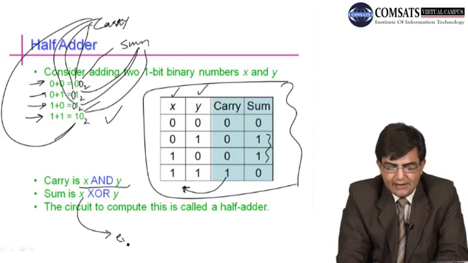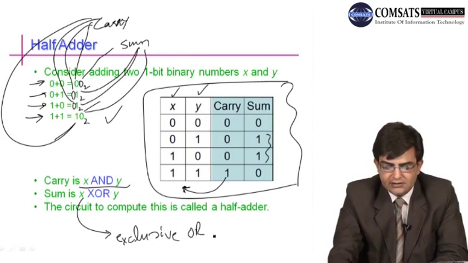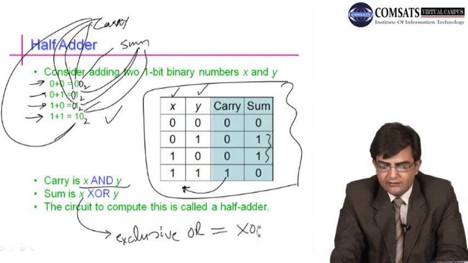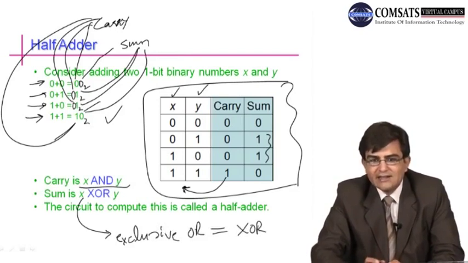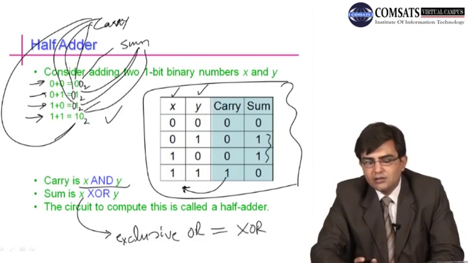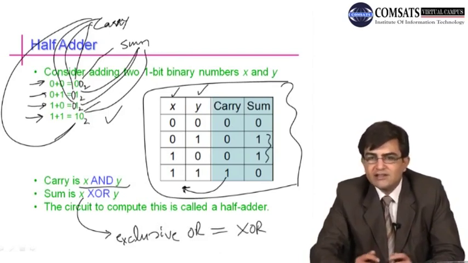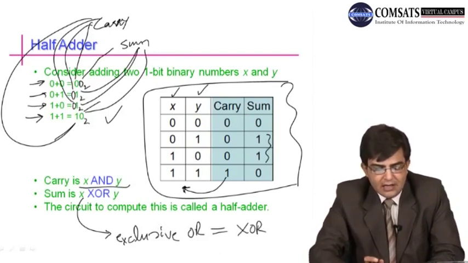This is exclusive OR, XOR. Its output is 1 when exactly one of P or Q is 1, otherwise it is 0. We have discussed the XOR logic gate and its notation already.